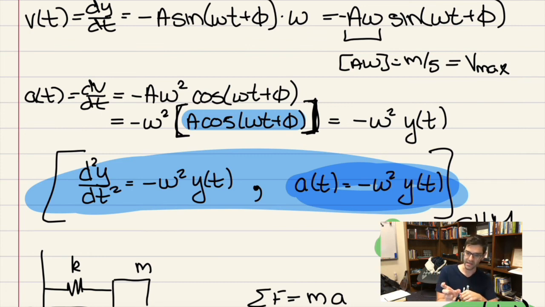The minus is key, because the minus is saying that this is the result of a restoring force. If I go past equilibrium, there's an acceleration that tries to pull me back towards equilibrium. Then if I overshoot, the force or the acceleration changes to point in the opposite direction to again try to bring me back to the center, back to equilibrium. This is only true for restoring forces.